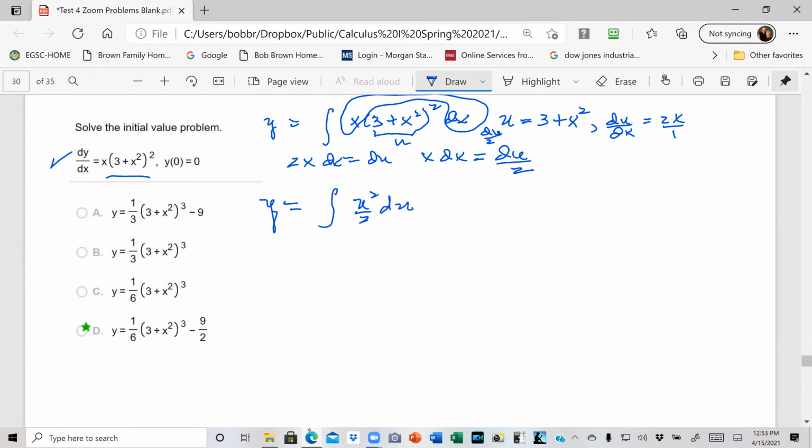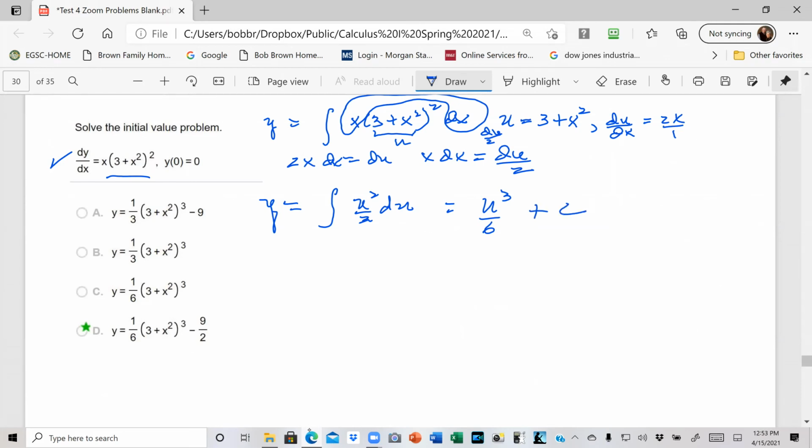Now see, using this substitution, we got a much easier function to integrate. So y is going to be equal to u cubed over 6. That's the antiderivative of u squared over 2 plus a constant.